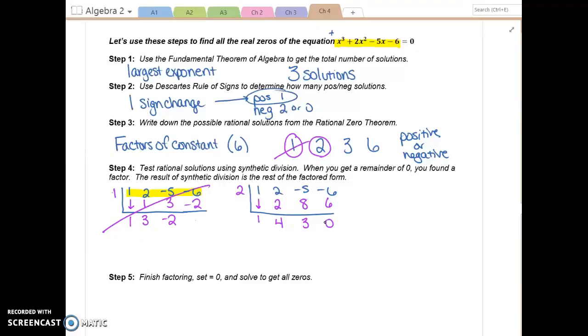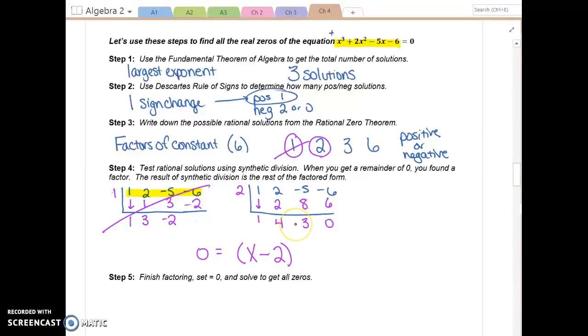When you get a remainder of 0, you have found a solution. 2 is a solution to this function, which means x minus 2 is a factor. Because think about, if we do 0 equals, what's the solution here? The solution is 2. That's what's in the synthetic division. This is why we do the opposite in synthetic division.